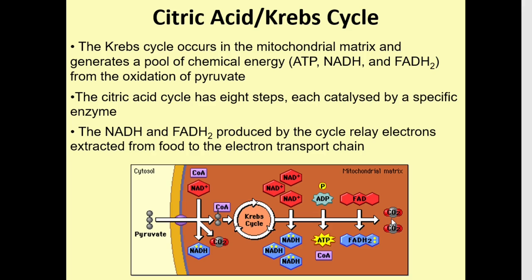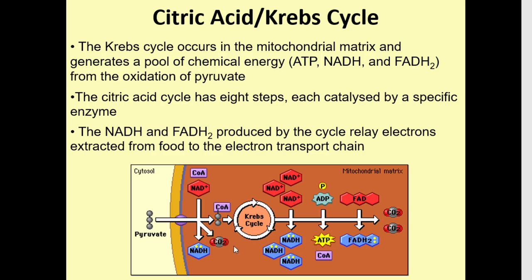So by the end of the Krebs cycle then, all of our glucose molecule that we started off with has now disappeared. It's all been broken apart. We've given off the carbons as carbon dioxide. We've generated a little bit of water. But importantly, we've harvested up a lot of electrons through our NADHs and our FADH2s. What we can see here then is what's generated during the Krebs cycle.